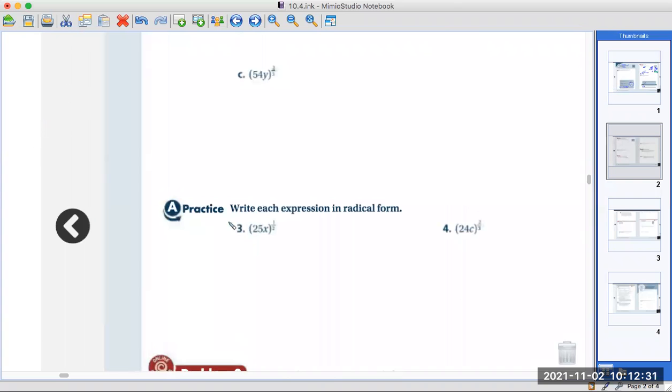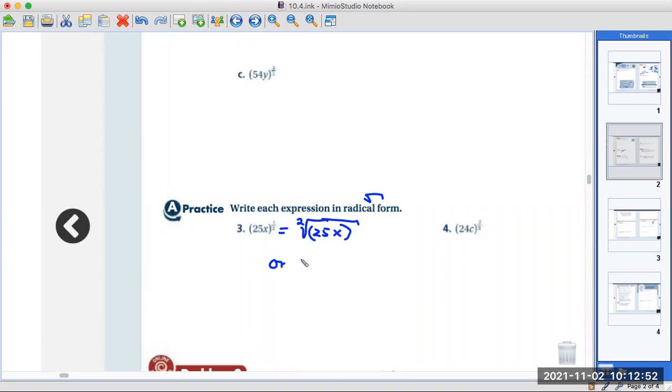This number 3: write each expression in radical form. So you want to use a radical sign. So it's the power of 1/2, which is the square root, and then you keep this together, 25x, all of that under the radical.